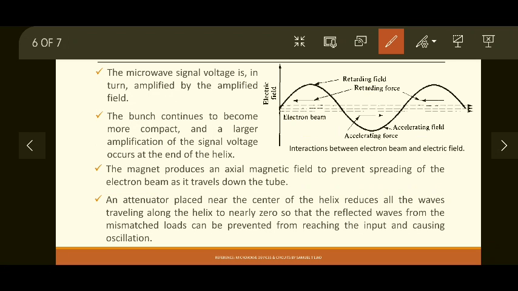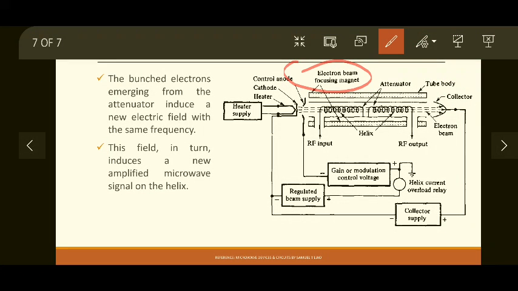Now we have seen the attenuator also in the TWT, which is placed near the center of the helix. Why is it placed? Now we have seen what the job of the attenuator is. The attenuator attenuates the signal if they are reflected. If the phase velocity of the waveform becomes too much larger than the beam velocity, then the wave might come back.